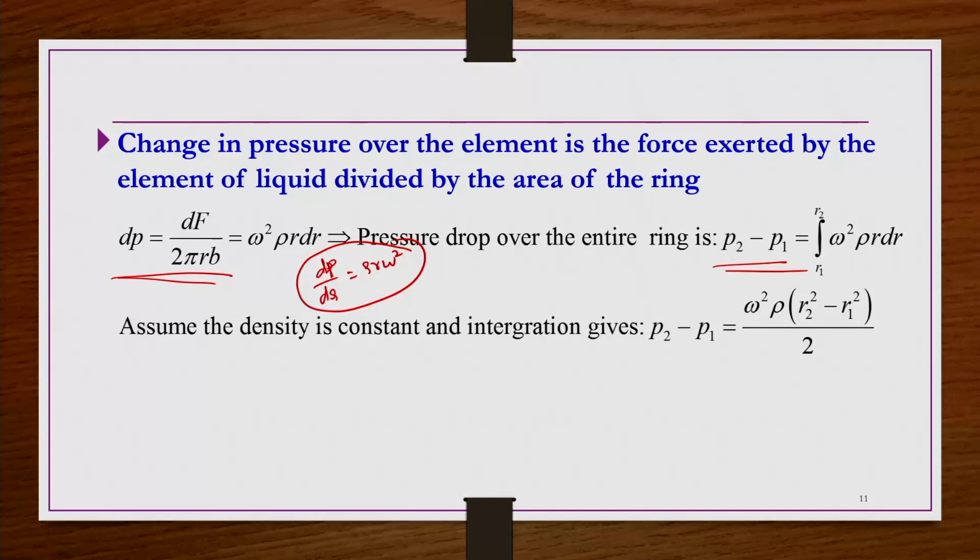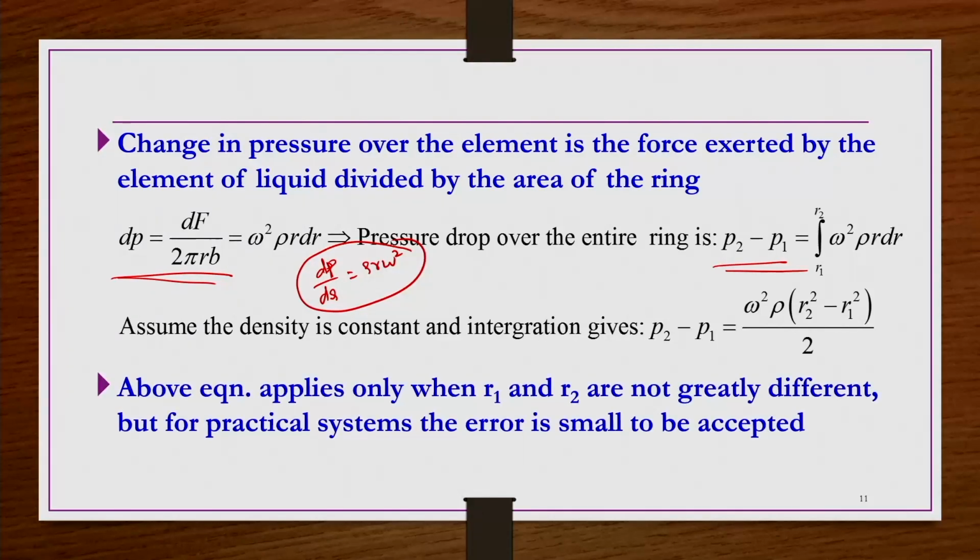So, P2 is the pressure at the ball wall, and P1 is the pressure at the liquid free surface which is at R1 distance from the axis of rotation. Okay. So, that is P2 minus P1 equals rho omega square (R2 square minus R1 square) by 2.